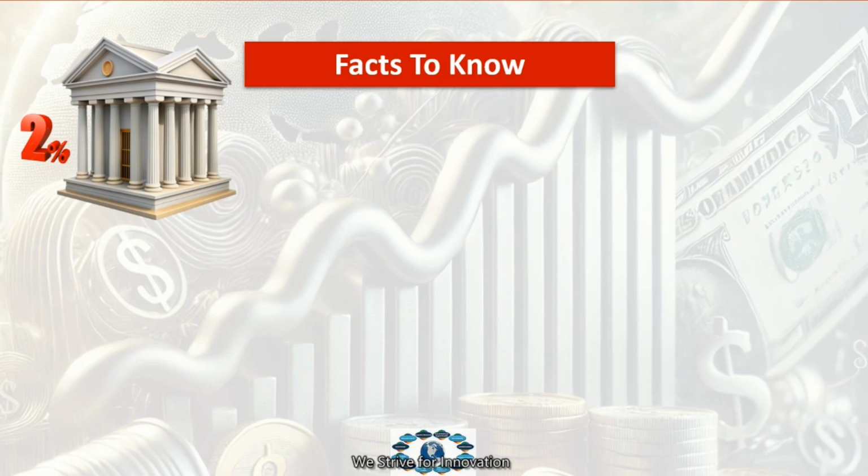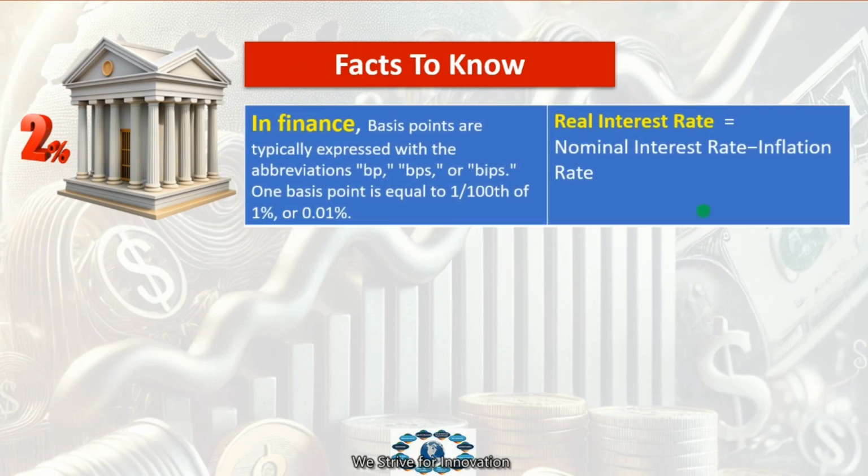If you ask what BPS stands for, in finance, it's basis points, typically expressed with the abbreviation BP or BPS or bips. One basis point, of course, is equal to what? One hundredth of 1%, or 0.01.